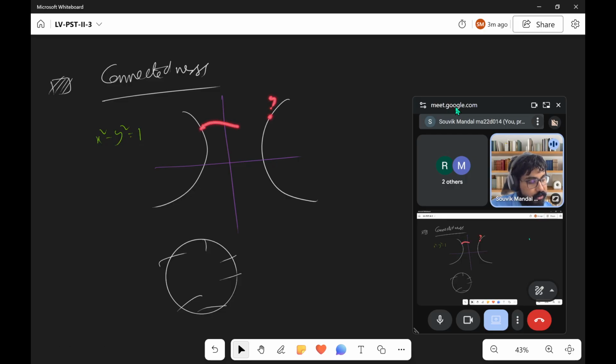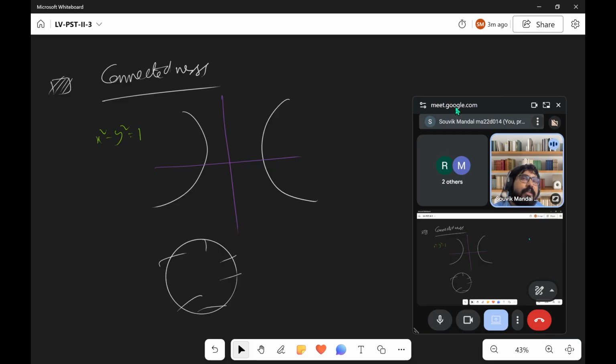Is it possible to get a path from x to y, so that we can connect the two points via a path? For the hyperbola this is not possible, but for the circle, if we take any 2 points, we can get a path that stays within the space. So the basic intuition of connectedness is: given 2 points x and y on the space, are we able to travel from x to y while staying on that space itself? That is what connectedness means.